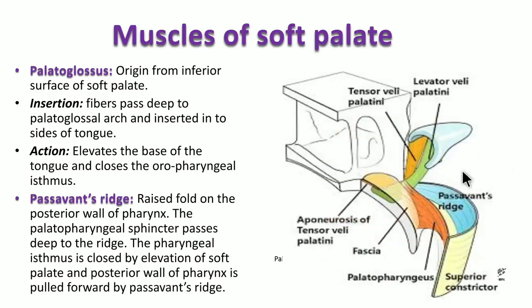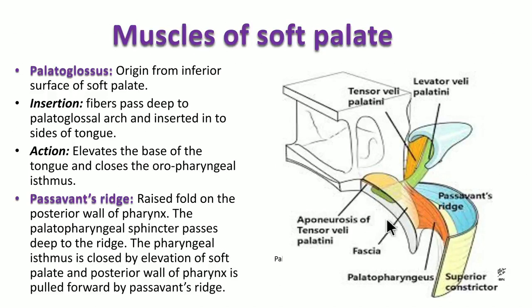As I told you, the palatopharyngeus muscle gets attached to the lateral wall of the pharynx and also into the lamina of the thyroid cartilage. Certain fibers, as I told you, sweep backwards into the posterior wall of the pharynx. The same happens with this half of the palate, which has the same muscle. They also sweep backwards and attach to the pharynx.